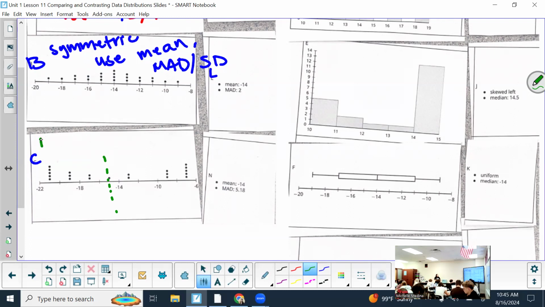Therefore, when it is not symmetric, what should we use? The mean or median? So we use the median. For measuring how spread out it is, should we use the IQR, standard deviation, or MAD? IQR.